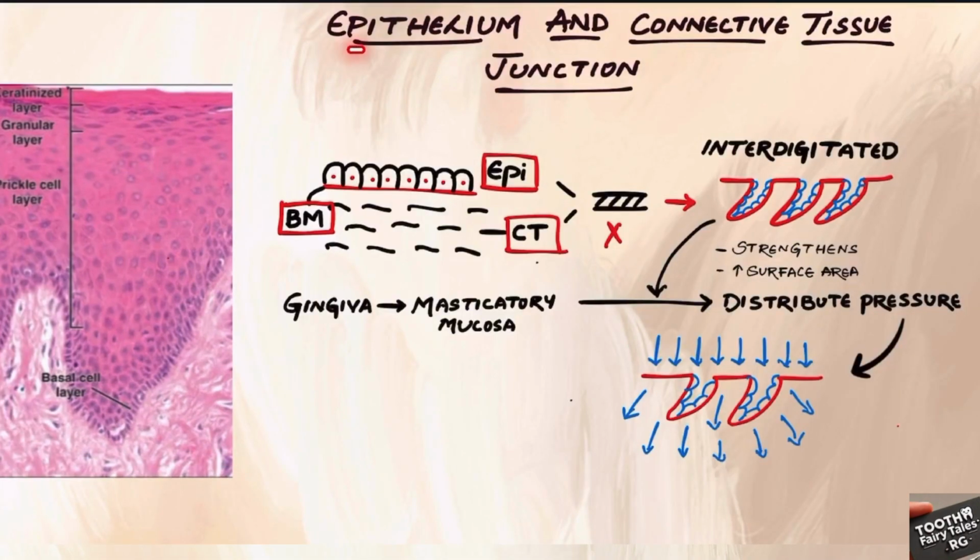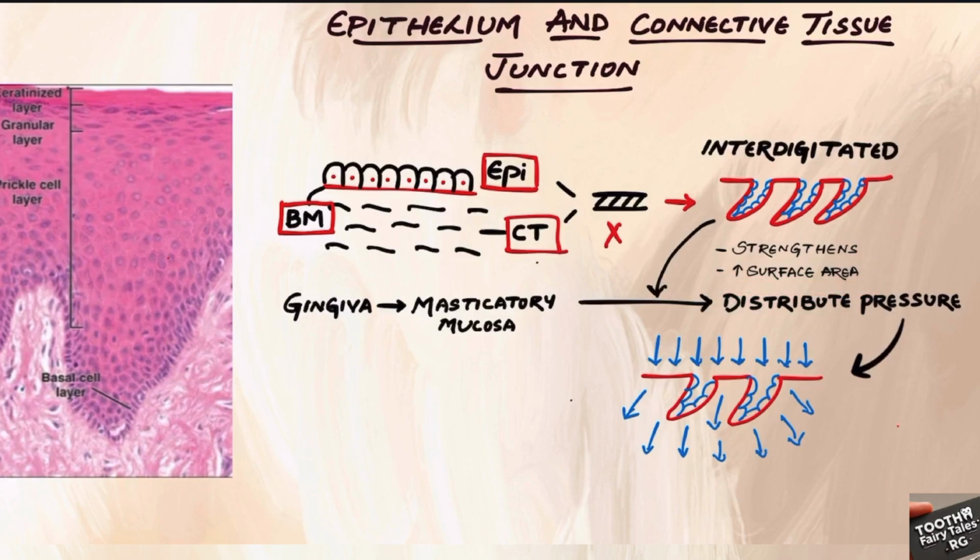Let us understand about the epithelium and connective tissue junction. At the junction between epithelium and connective tissue, two layers are not just flattened. They are interdigitated, meaning the layers are weaved into each other. This increases the surface area and strengthens the connection.